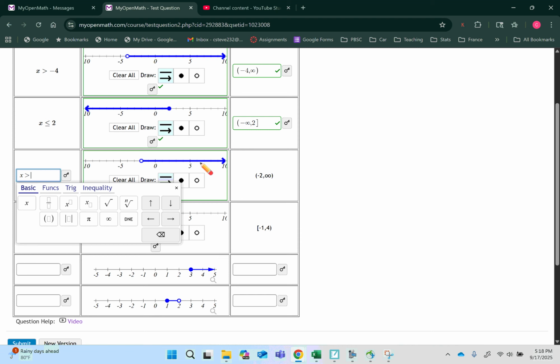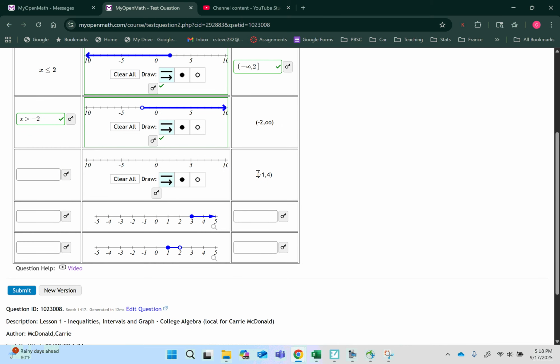And again, we're not including the -2, so we are using the strict inequality symbol without the condition of equality. And then we'll put the -2, showing that x is going to be greater than -2. Okay.